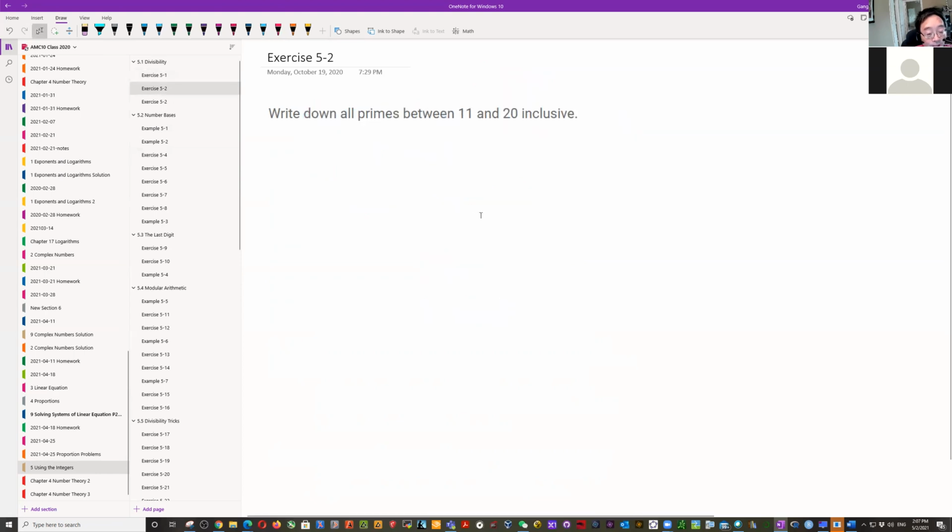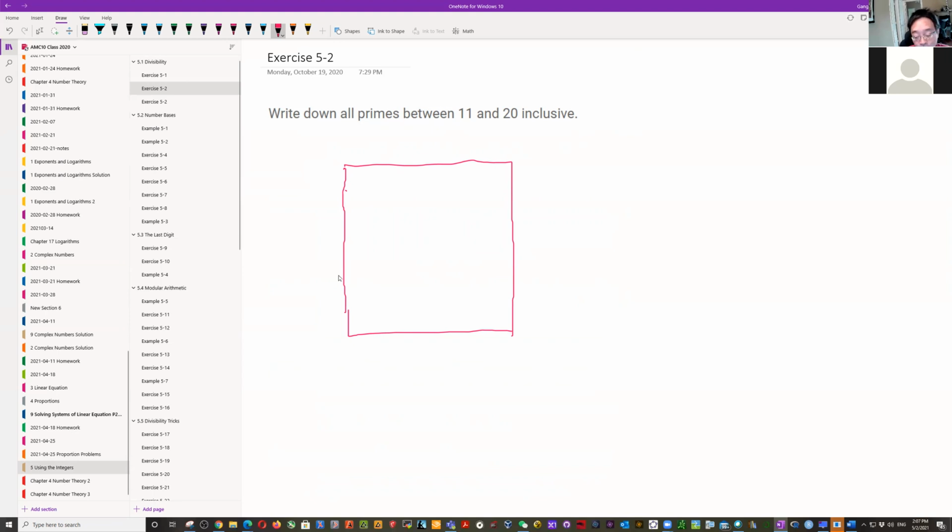This is an easy problem, and it's just listing the primes. Especially for small numbers, you can use a sieve. Basically, you can make a matrix and then filter the numbers out. This is one way.